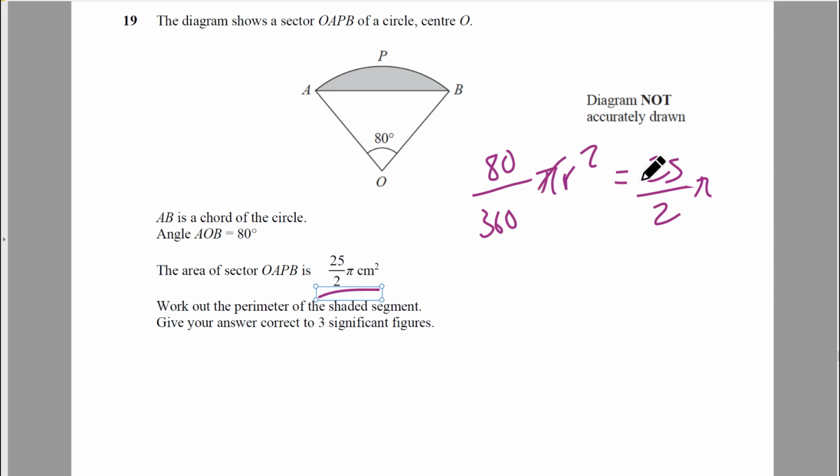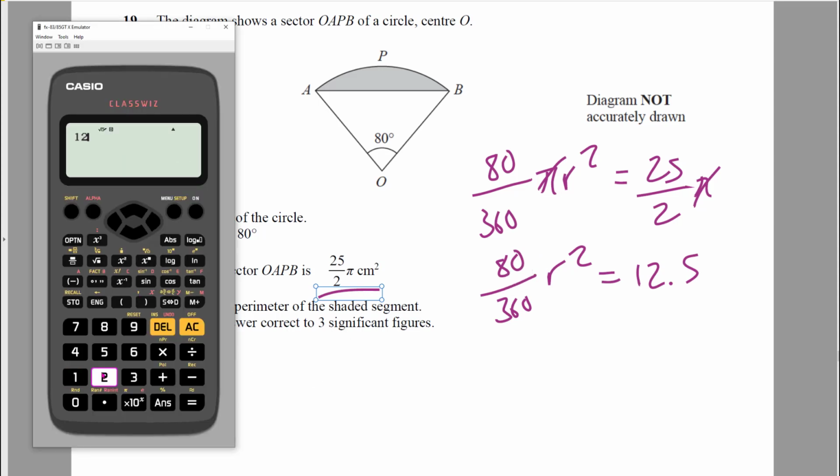So we can cancel out pi straight away. Pi's on both sides. So we get 80 over 360 r squared equals 12.5. We're going to divide by 80 over 360.